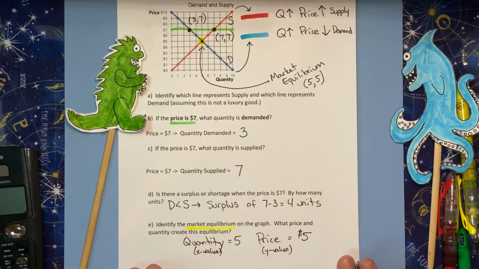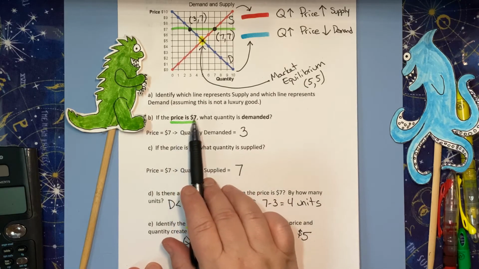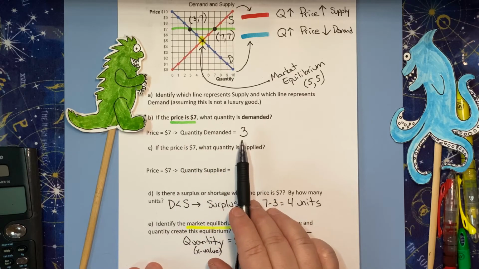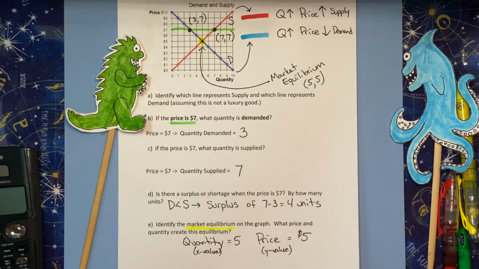So if they lower the price to $5, what happens? Well, back here, the price was $7. At $7, people only want to buy 3 of them. It's too expensive, right? If there's a surplus, it's too expensive. What do they do right after the holiday? What do you do when you've got a bunch of Halloween candy left in the store? You put it on sale, right?